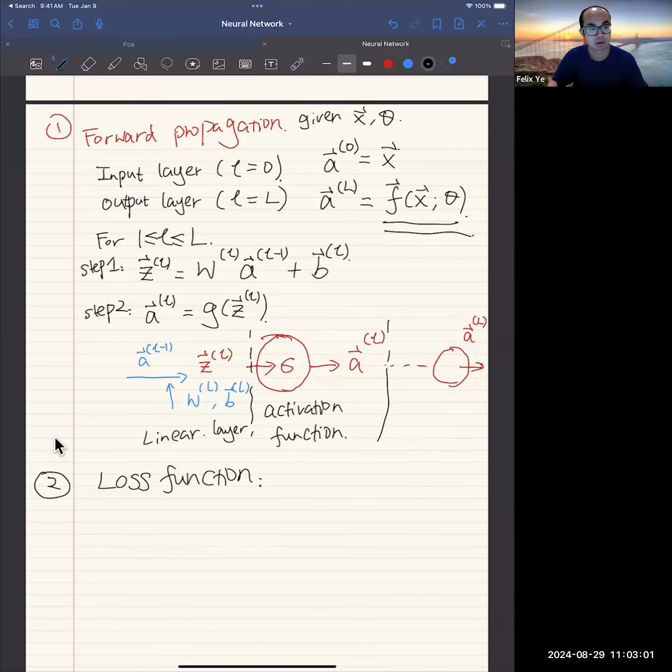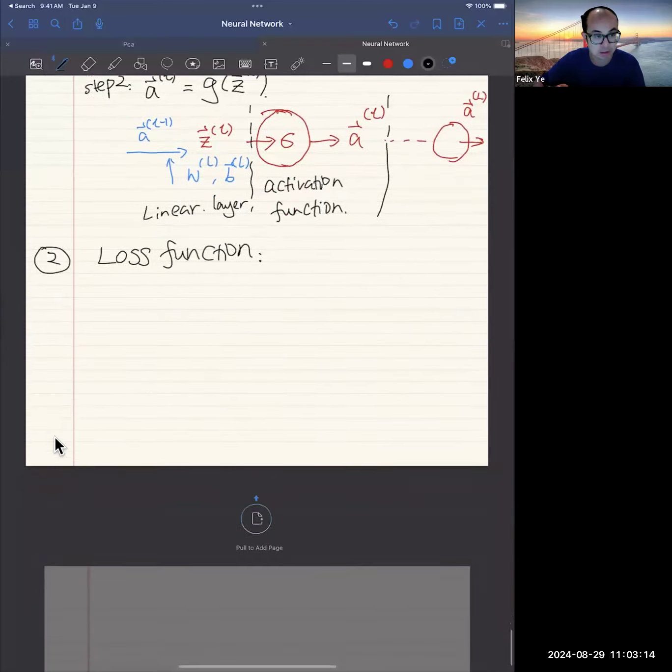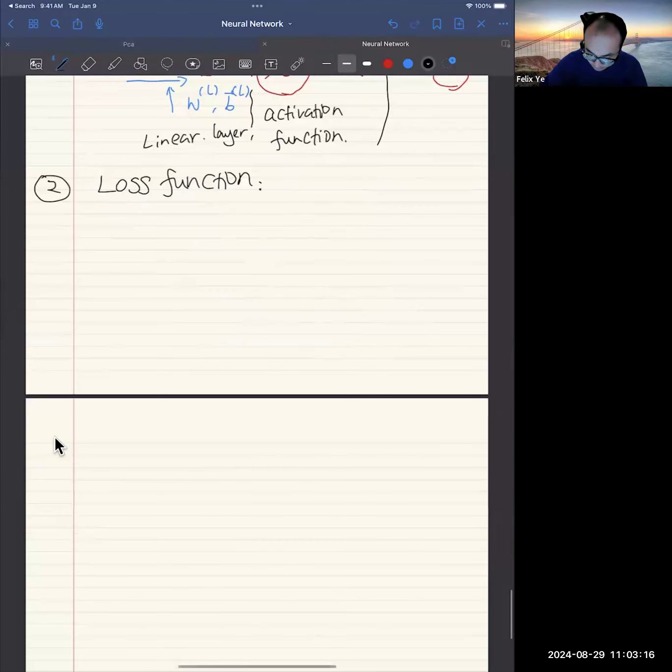We pick the loss, for example, we can pick the square loss, and of course we can pick the log loss as well. I think we talked about the square loss and the log loss in the last lectures. So for now, let's just stick with the square loss.